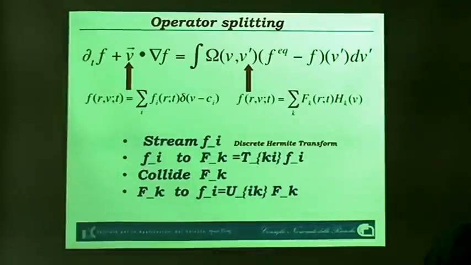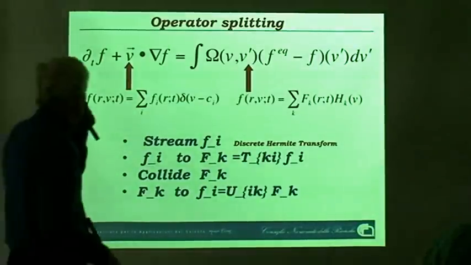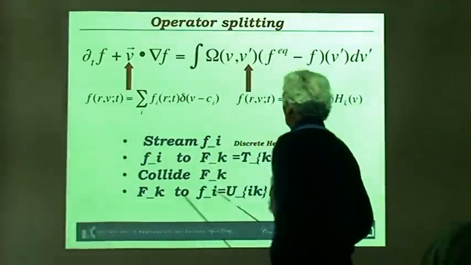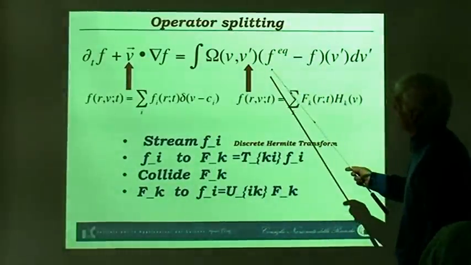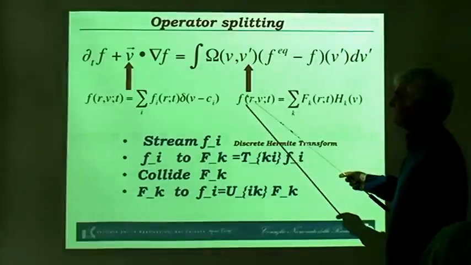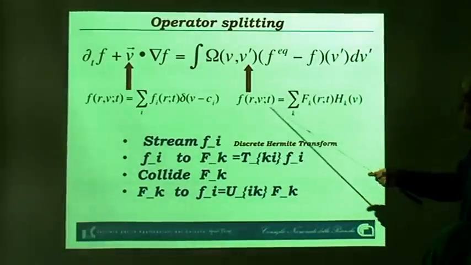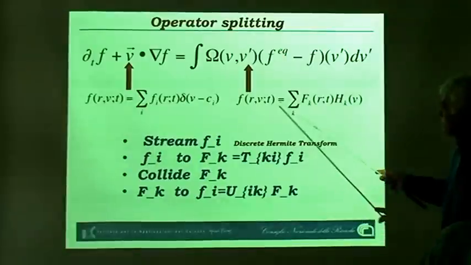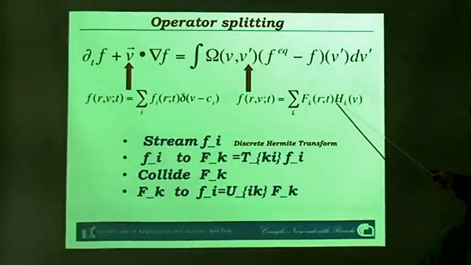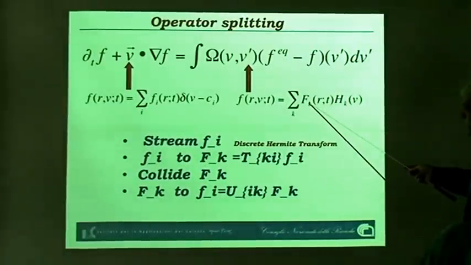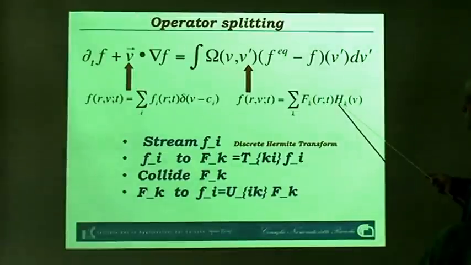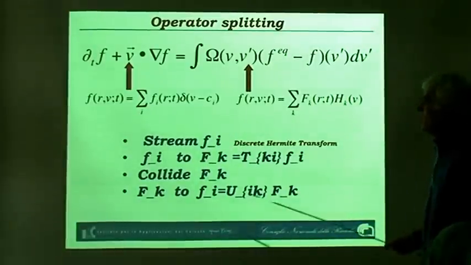Let me give you again the flavor. The point is the following. There is a disadvantage in going to the moment representation. So I'm expanding, again, these are the moments, so density, current, etc., and these are the distribution functions.